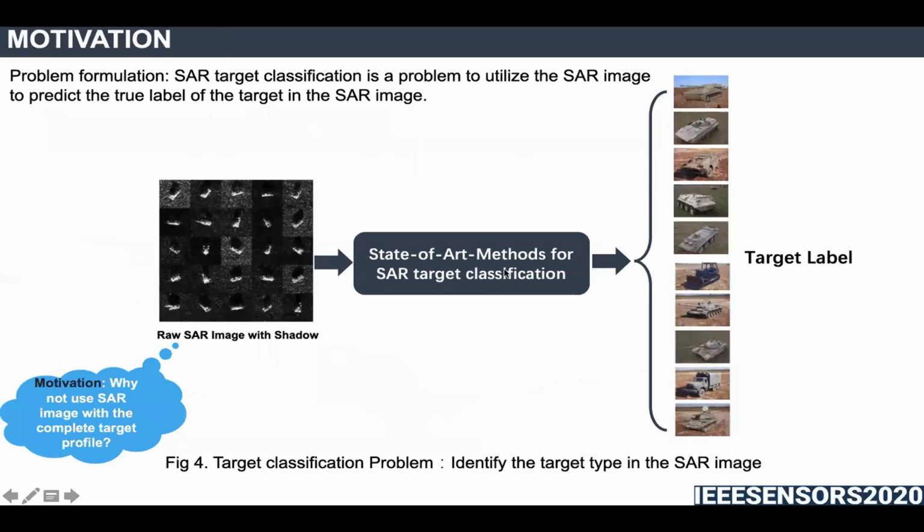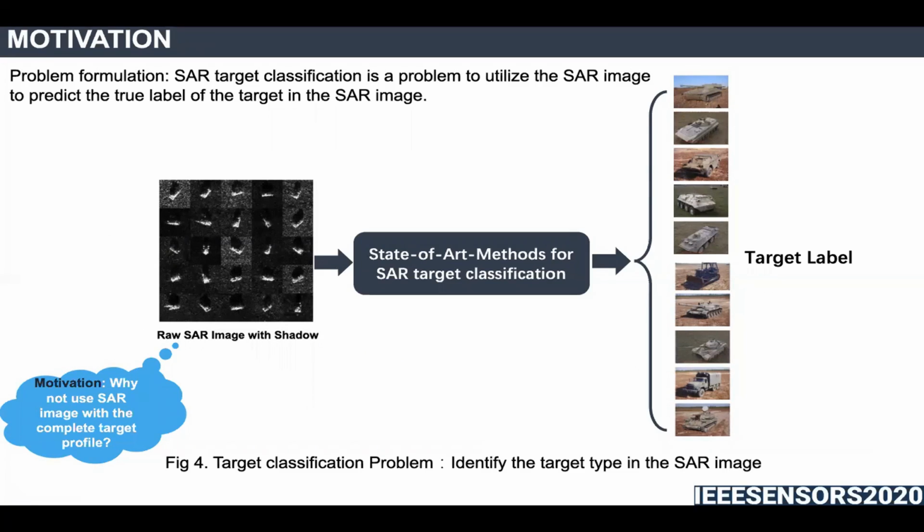The motivation of this research mainly covers the problem formulation. SAR target classification utilizes the raw SAR image with state-of-the-art methods to classify the raw SAR target image with the real-world target label.